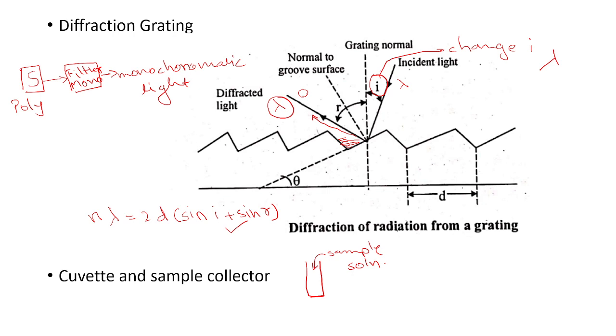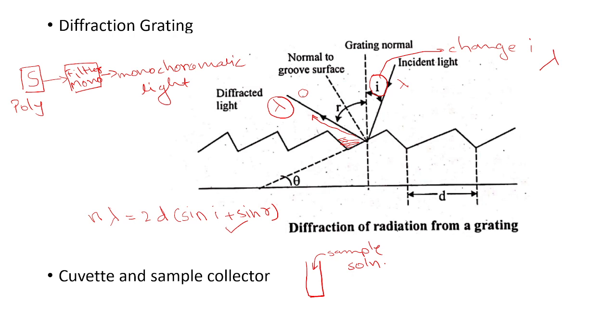But if you are using the UV region, then you should use quartz, because quartz is the only substance which can pass UV light. Glass won't be able to pass UV light. So depending on your requirement of the experiment, in which region you are working, if it is visible, glass tubes will help, but if it is UV, you have to use quartz tubes.